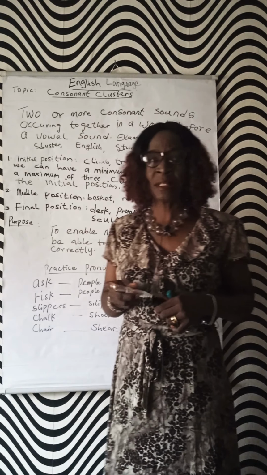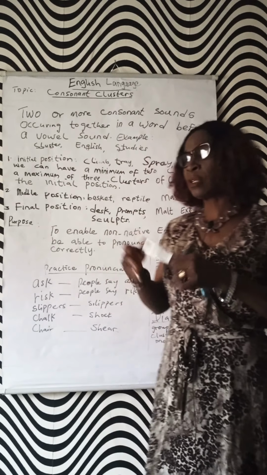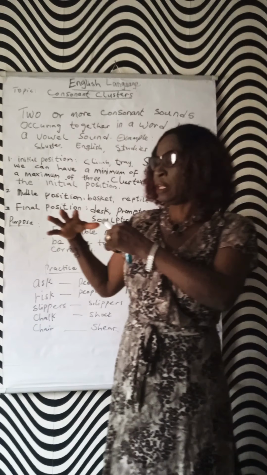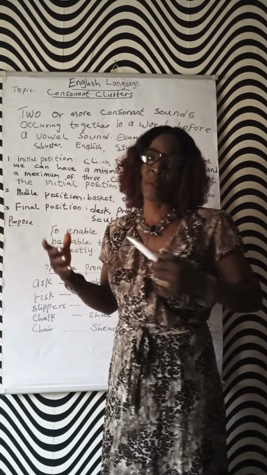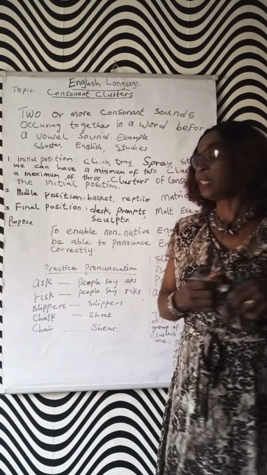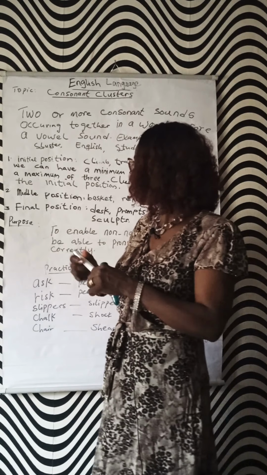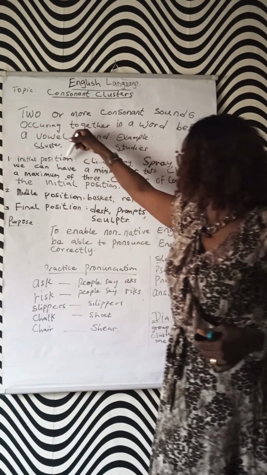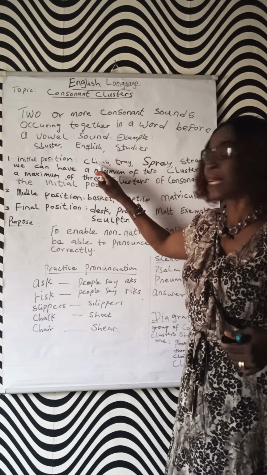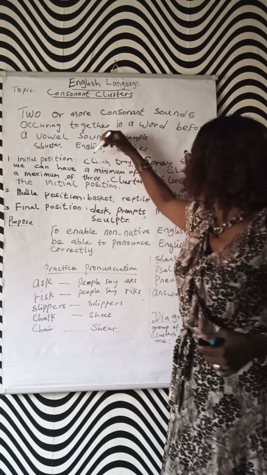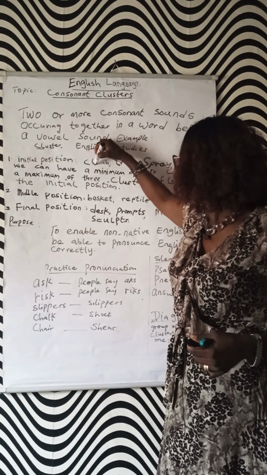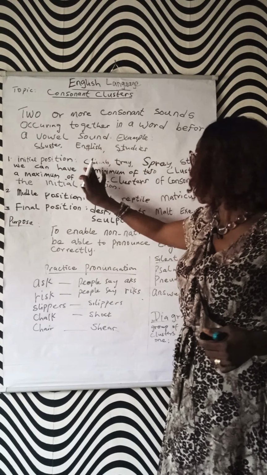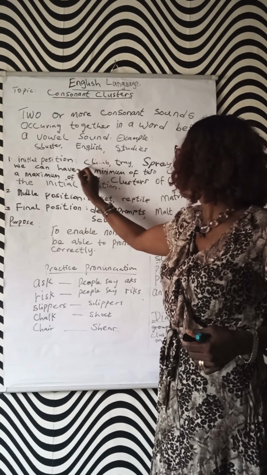So in consonant clusters, we can have consonant clusters at the initial position of a word, at the middle position, and at the final position. I say initial position of a word. This is the word climb. Climb. You have the clustering of consonant sounds at the initial position of the word.